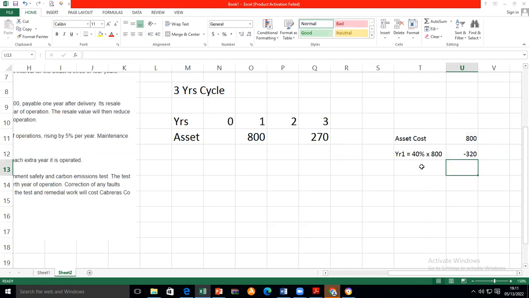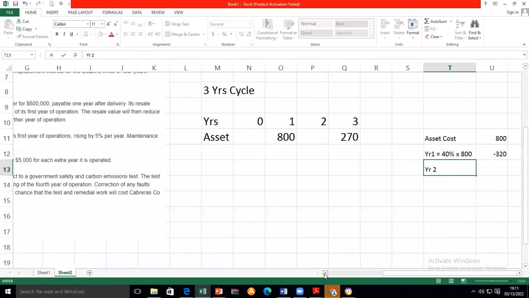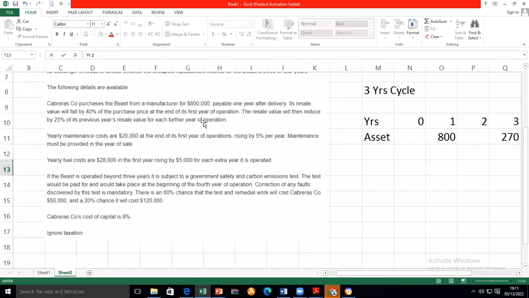That one is gone. In year two, how much will go? 25%. Of what? Of the 60%. Let's read it: 800 of the 60%. Okay, fine.